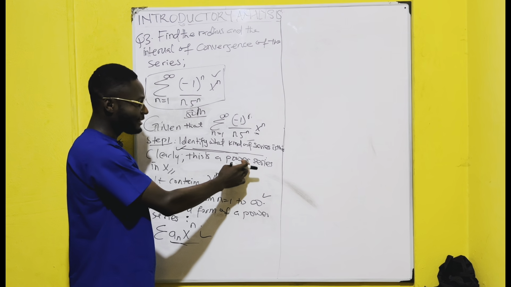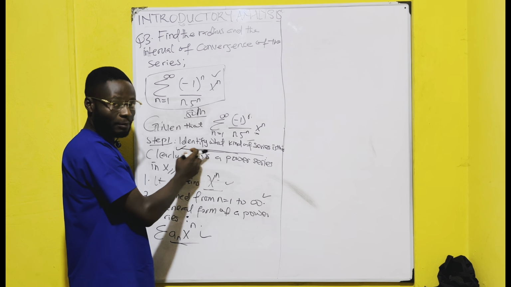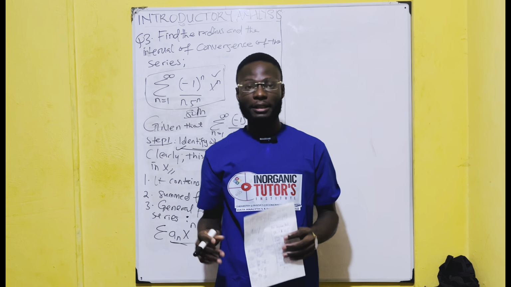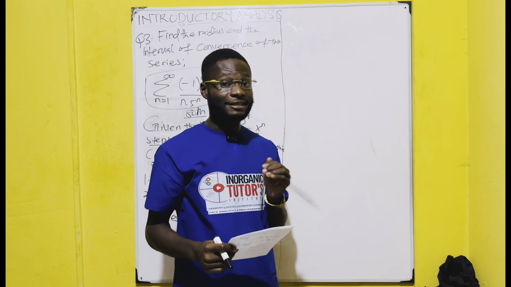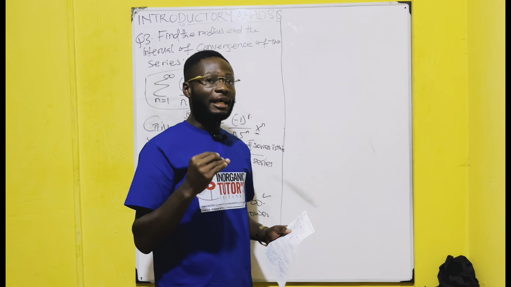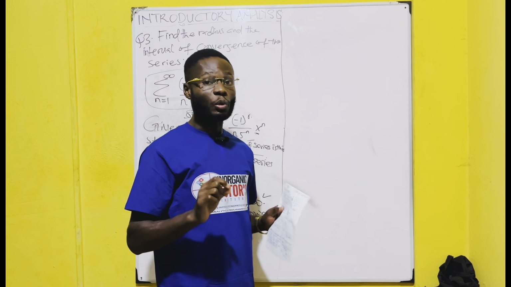Now, why does this step 1 matter? So basically, the purpose of this step 1 is, one, once we know that it is a power series, then we know that if the absolute value of x is less than the ratio, then it will converge.